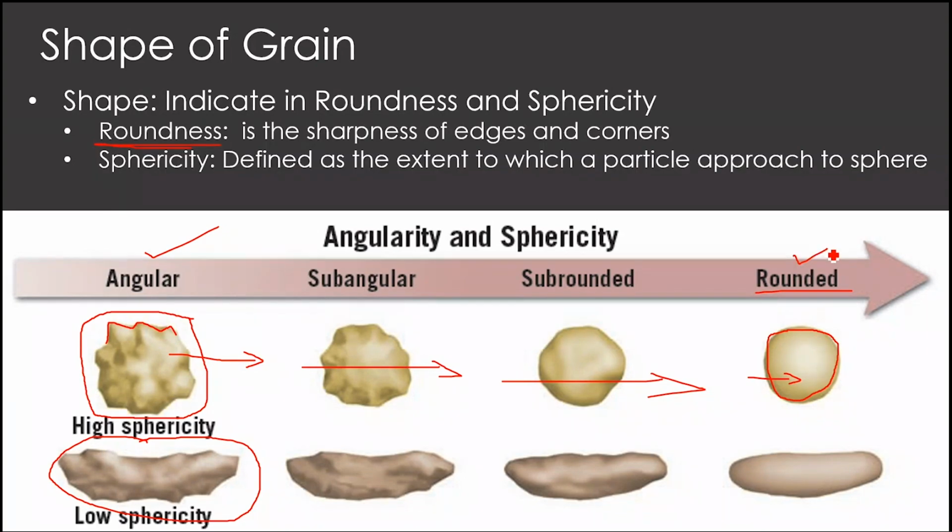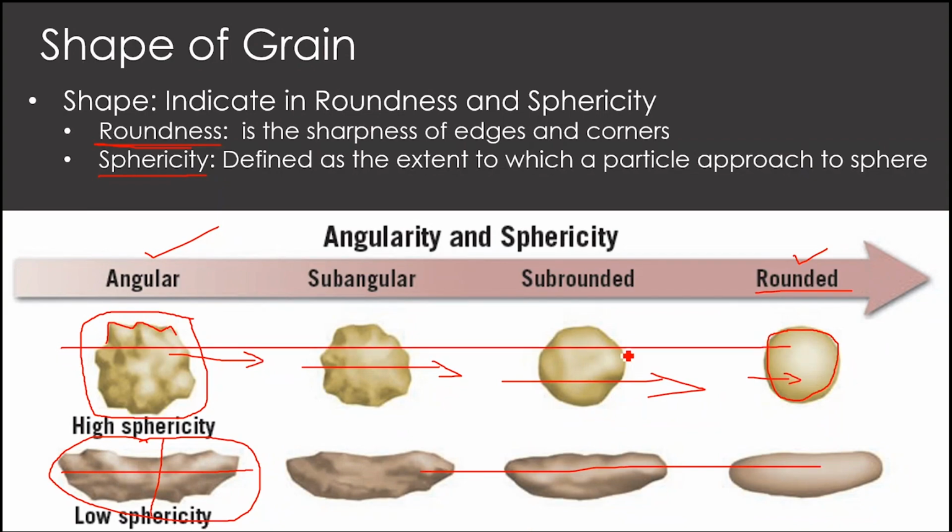The second thing, if you see here, is how near the sediment is to a sphere, which is called the sphericity of that grain. That defines the extent to which the particle approaches a sphere, how close it is to a sphere shape. So here in this case, all the grains are of low sphericity, but all these are of high sphericity.